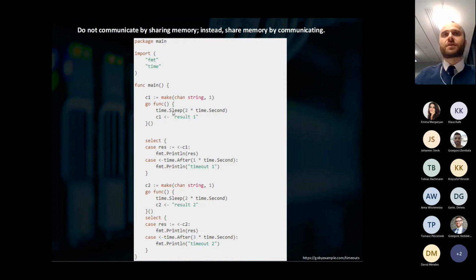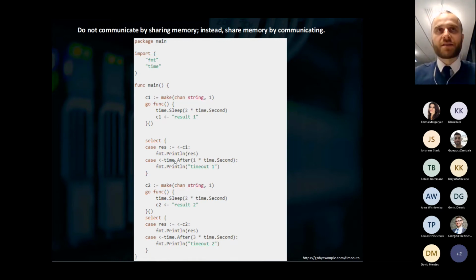What it's doing is sleeping 2 seconds and sending the result on channel 1. And the await for channel 1 is here. And select allows us to pick one of two scenarios: either it will load a message from the channel, or the time after 1 second will send. This basically creates a channel underneath that will send a message after 1 second.